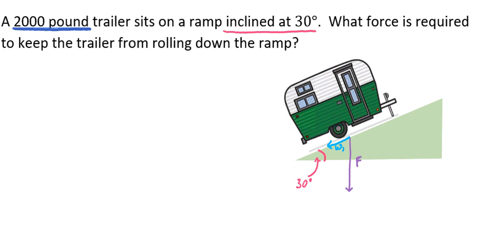Now, because the force due to gravity is vertical and downward, we can represent the gravitational force by the vector F equals negative 2,000 times the unit vector j.